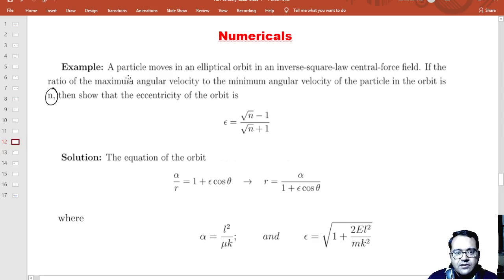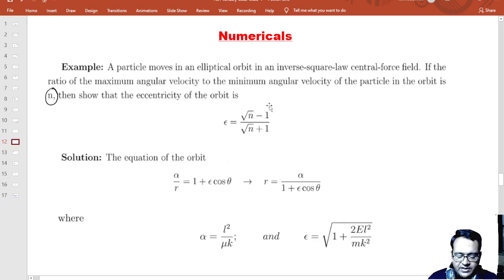A particle moves in an elliptical orbit in an inverse square law central force field. If the ratio of the maximum angular velocity to the minimum angular velocity of the particle in the orbit is n, then show that the eccentricity of the orbit is like this.